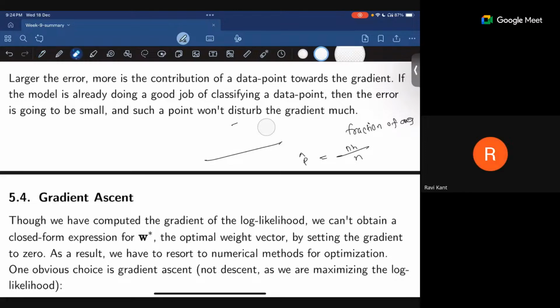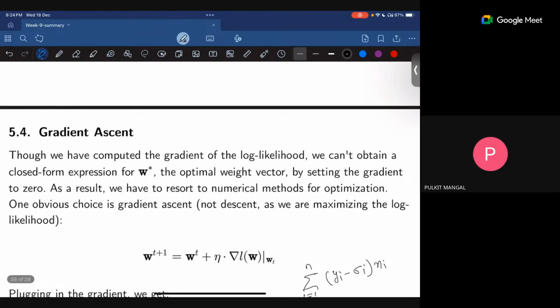Closed in the sense of being between some limit? No, you can say it is a solution in which you don't have to do any iterative method, like gradient descent or ascent here. You can just directly plug into some kind of formula. In linear regression, you have the formula, the pseudo inverse of XX transpose times XY. If you put in your data points and labels, it will give you the vector.